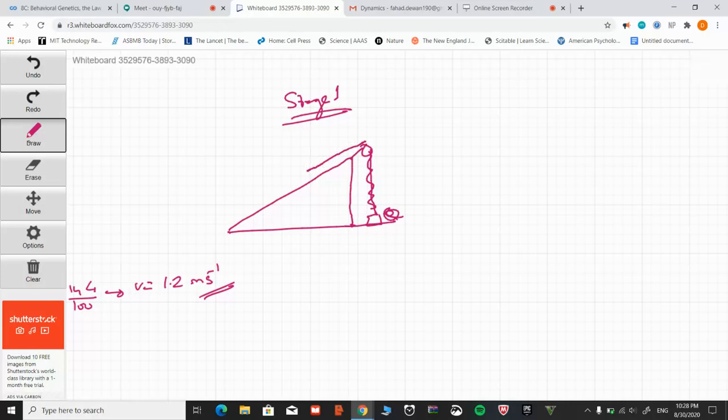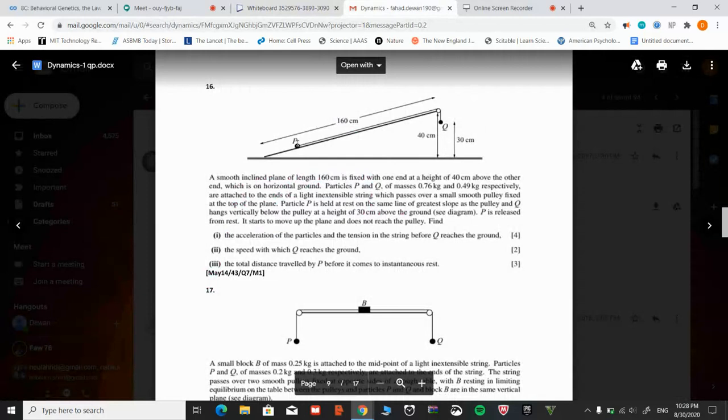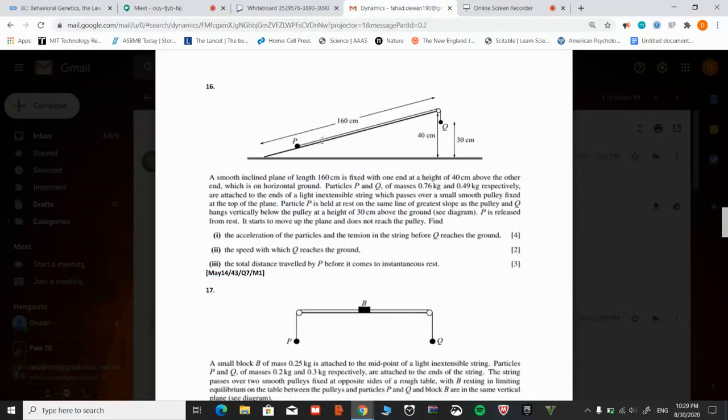And by this point, particle P from its previous point has gone up by 30 centimeters. Let's keep that in mind. So distance 1 is equals to 30 centimeters. কিভাবে? Particle Q 30 centimeters পড়বে মানে particle P 30 centimeters উপরে উঠবে. So that's half the work done.